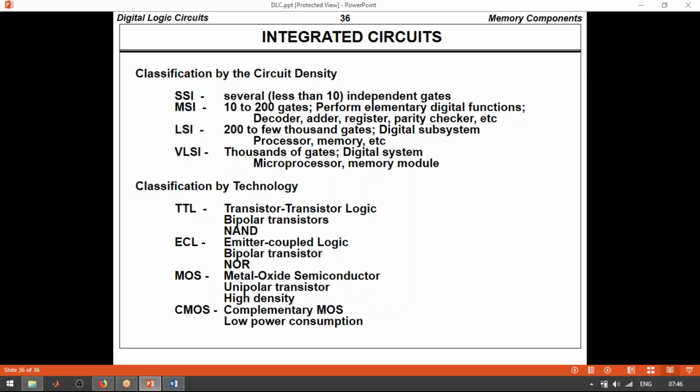Actually, they already have the technology. In BiCMOS technology, they are fabricating both the CMOS and bipolar transistor in the same IC. Because CMOS has some characteristics, and bipolar has its own characteristics.